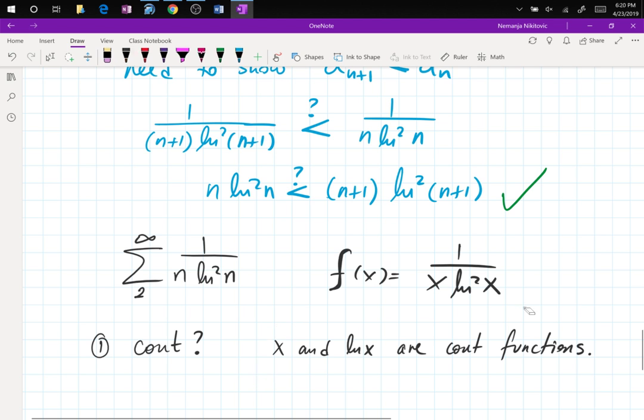Now, function combinations and function compositions of continuous functions are continuous. That's another theorem.